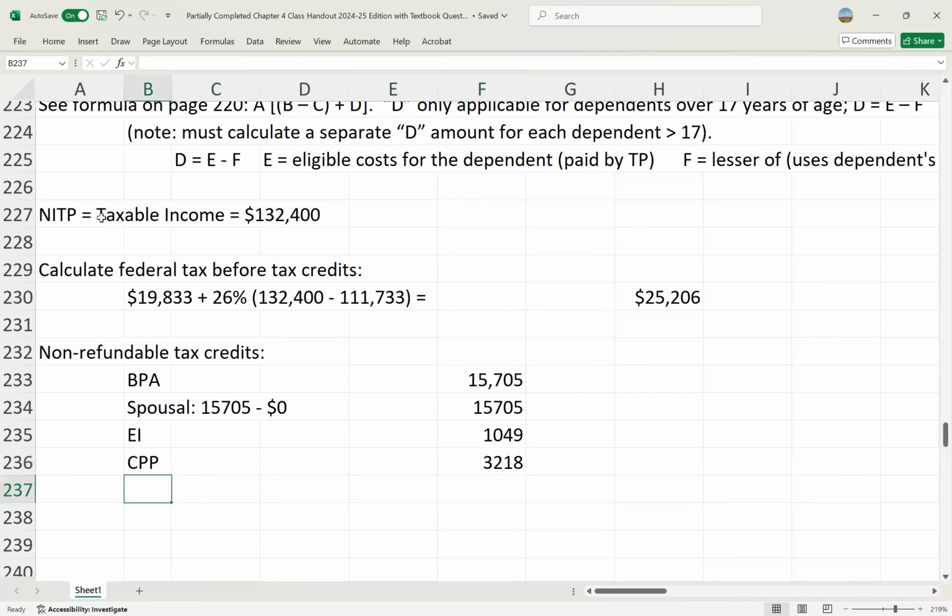And then also remember, if you have employment income, you can also claim the Canada employment amount. The Canada employment amount is the lesser of your employment income and 1,433. So that would be the lesser of the two. Those are the most obvious ones because she has employment income. Those three tax credits, once again, are quite obvious.